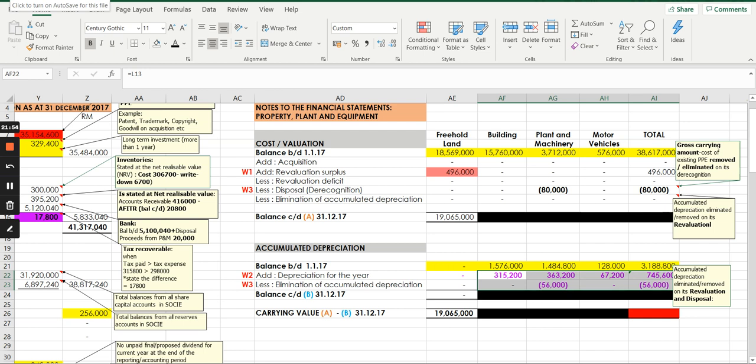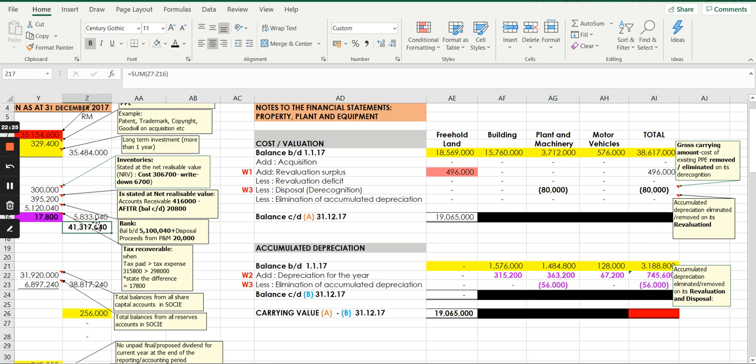Go and check your carrying value for your item. Go and check your balance carried down for your accumulated depreciation account. Check for that as well. Okay, let's see what we have here.